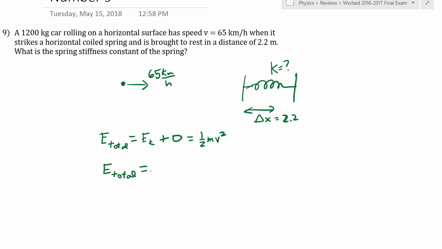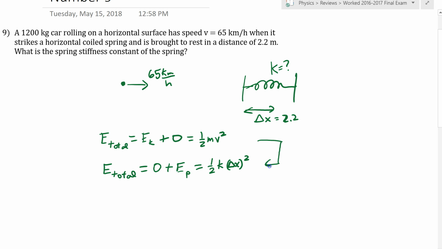So the total energy after the collision with the spring and the car comes to rest, there is no more kinetic energy because it's not moving anymore, and it's just potential energy stored in the spring. And energy stored in a spring is 1/2 times k times the stretch, or the change in length from equilibrium, squared.